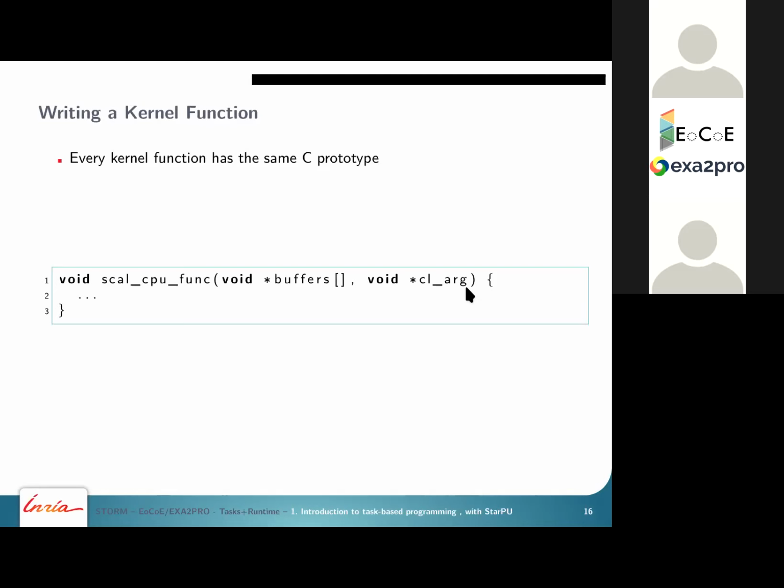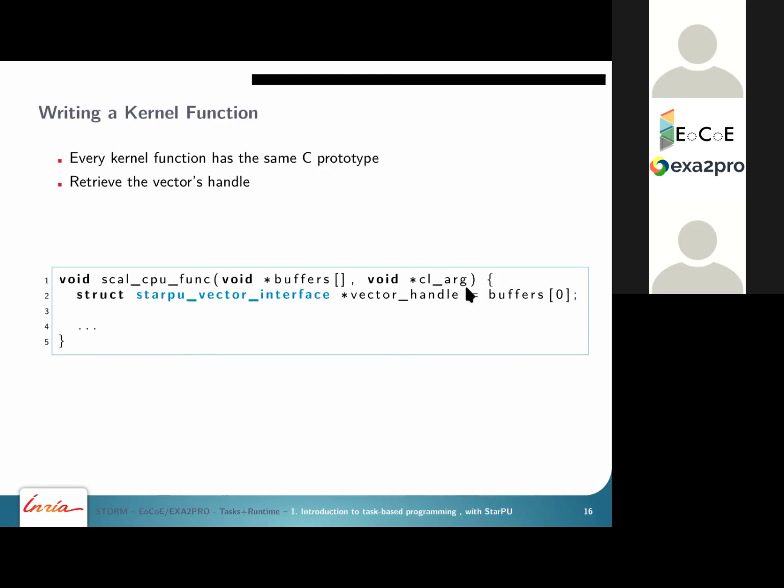We will see that later. First, we get the first data of the task, so we access the first element of this array. It's a void star array because we don't know yet which kind of data this is. So we cast this into a vector interface to say this is actually a vector.